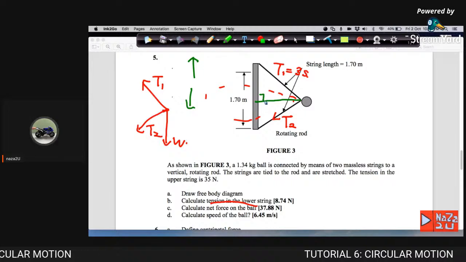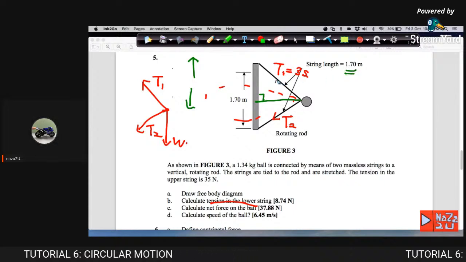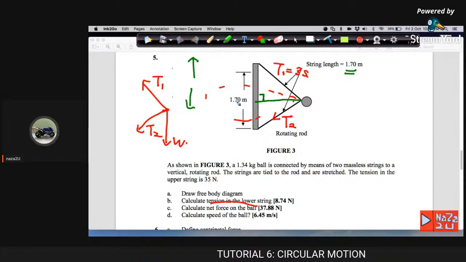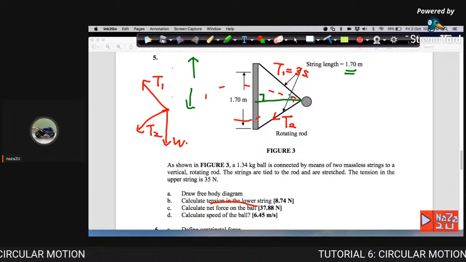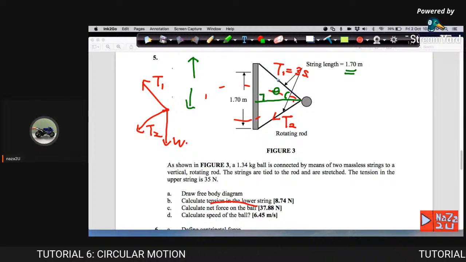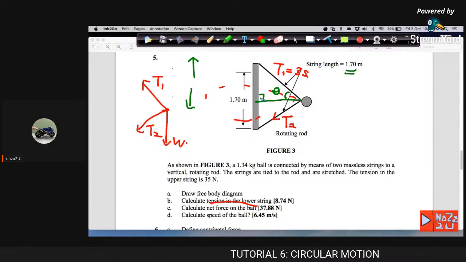This is 90 degrees. The length of the string is given as 1.7 meters, and half of that is also 1.7 meters. So here you can find theta, because we have two lengths given.